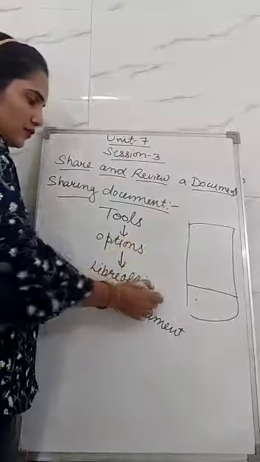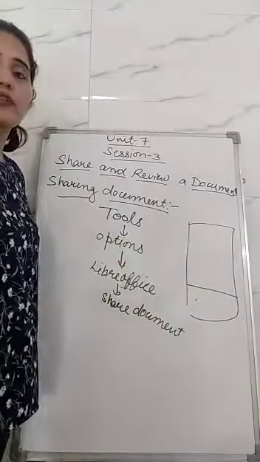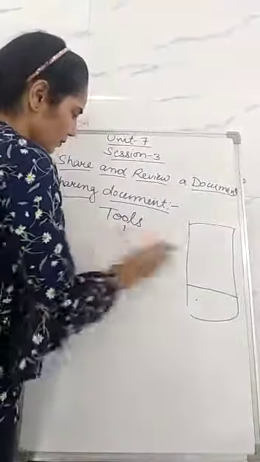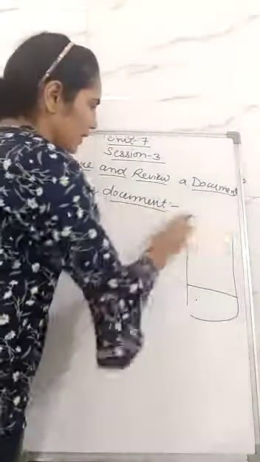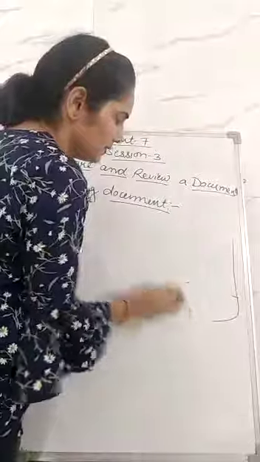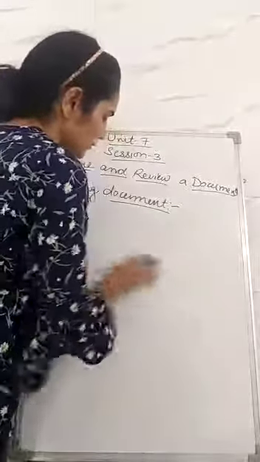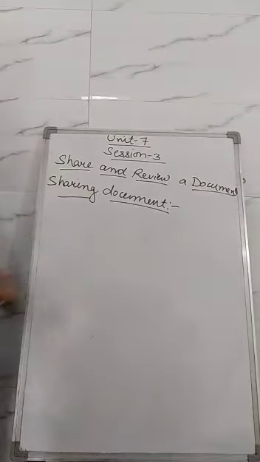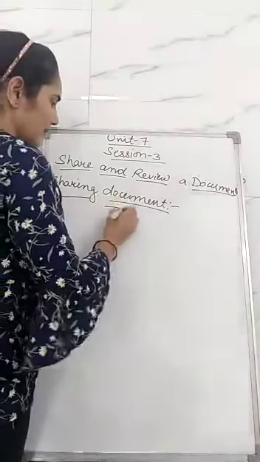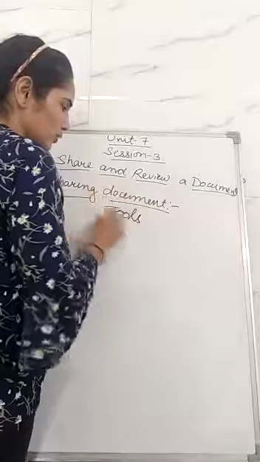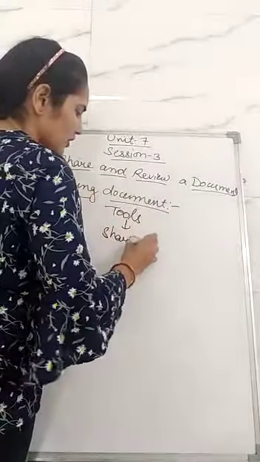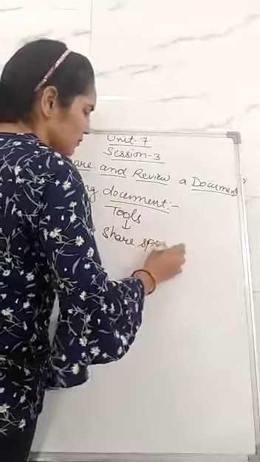In the sidebar you will find LibreOffice, then there you will find share document. Now again I am going to tell another way by which you can share a document: directly click on tools, and then there you will find share spreadsheet.